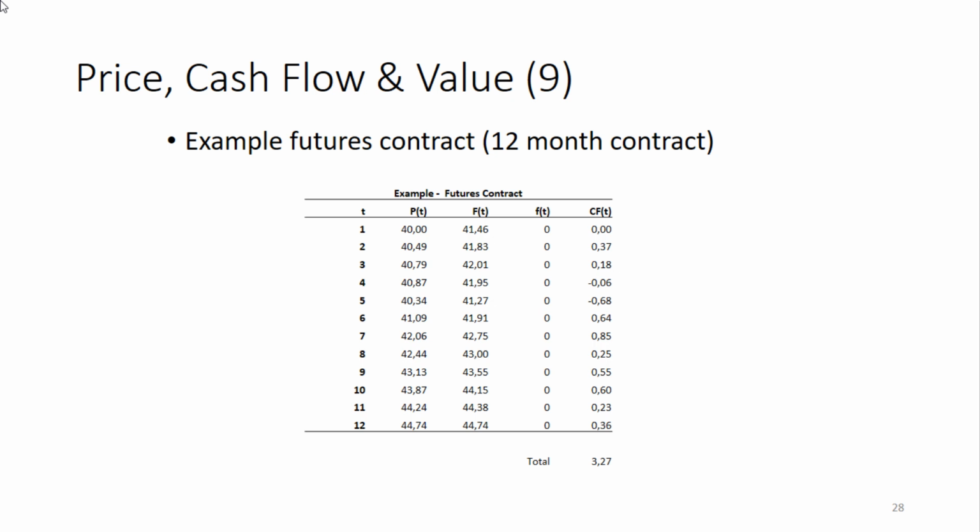So the difference between the new futures price at time 2 and the original futures price at time 1, 41.46, the difference is 37 cents. So that's immediately settled. So there is an actual cash flow occurring from the short position to the holder of the long position. And then the second thing that happens is that the original futures price of 41.46 no longer applies.